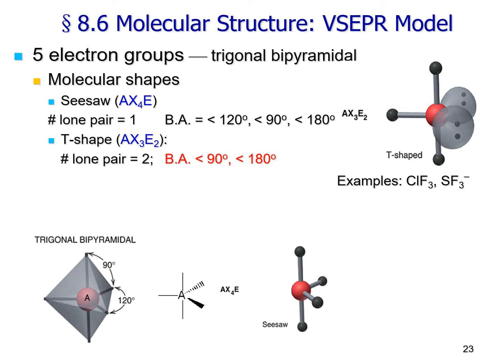And the rest, remember, those two cannot be seen. So what we do see here is T-shape. So the molecular shape for two lone pairs in this 5 electron group arrangement is T-shape.